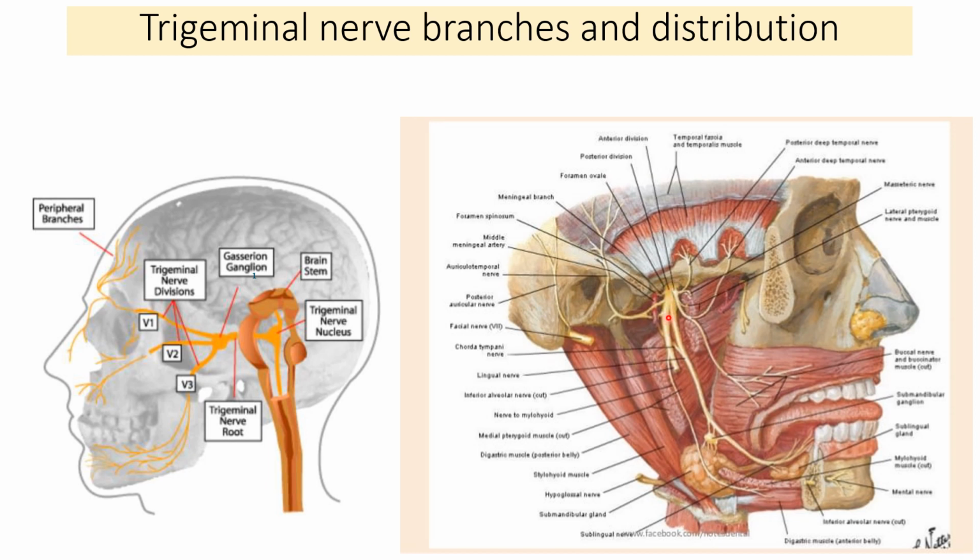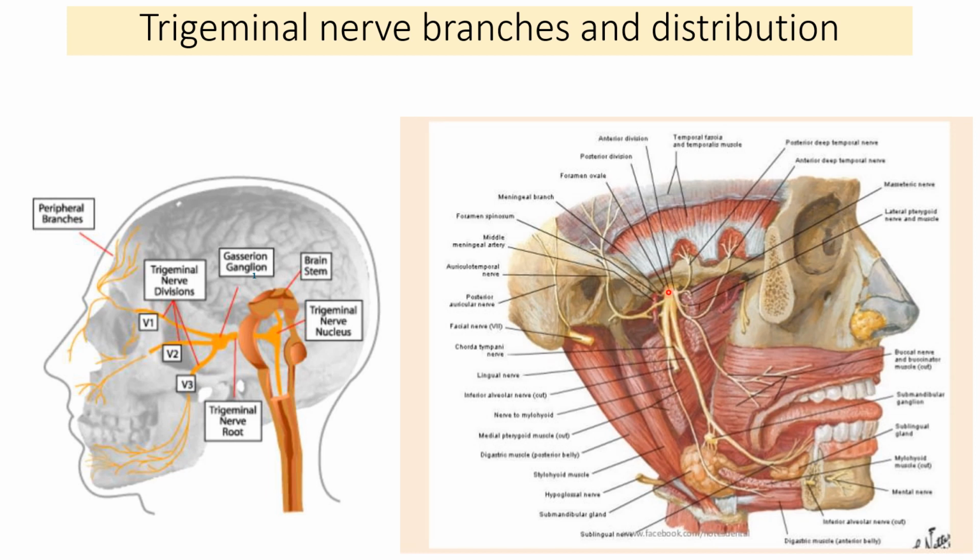It gets divided into two main divisions. But from the trunk it will give a branch which will go up through the foramen spinosum, that is the meningeal nerve, which is also called nervus spinosus. Then the initial part of this nerve lies between the lateral pterygoid muscle and the tensor veli palatini muscle.